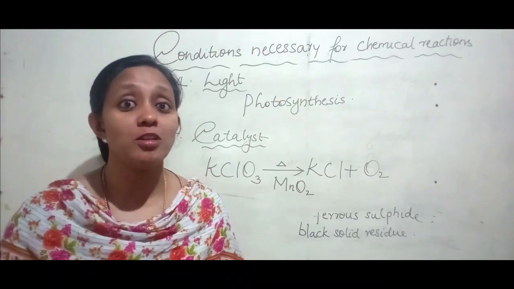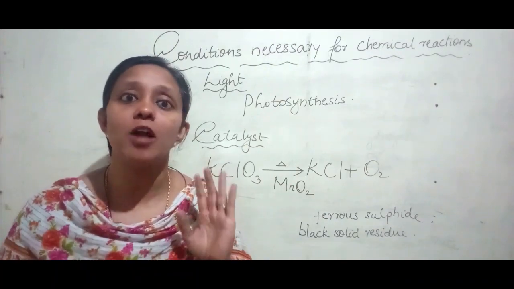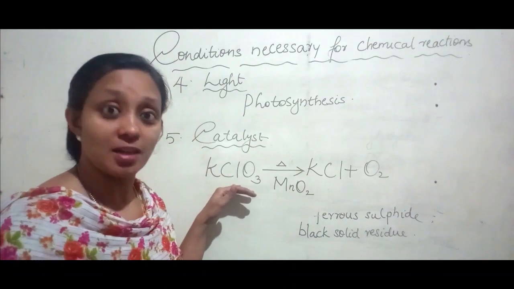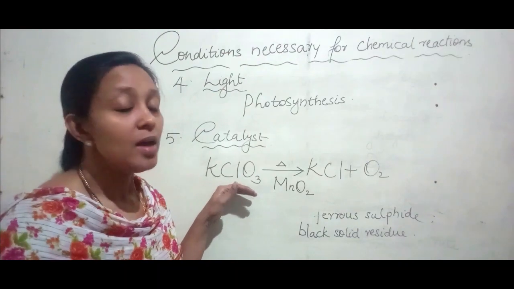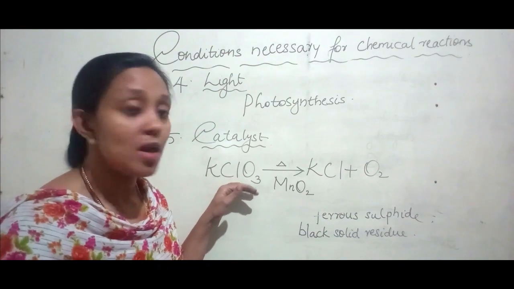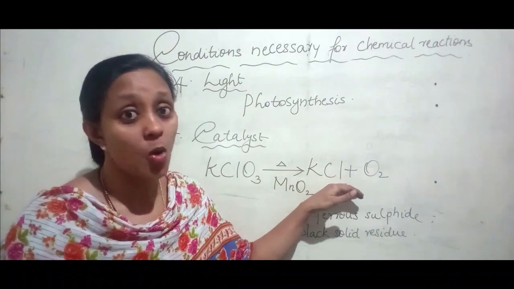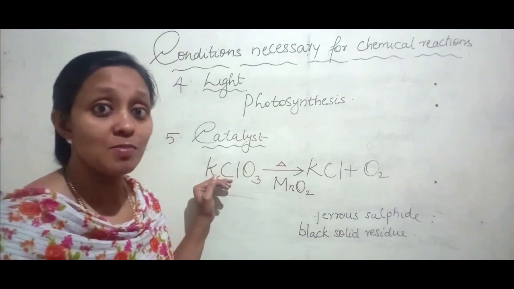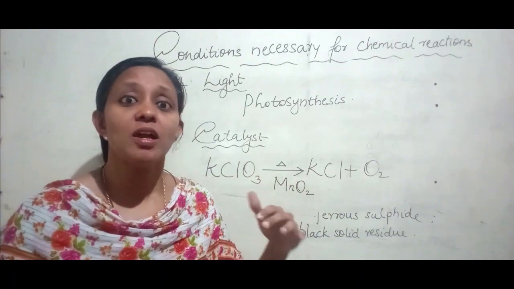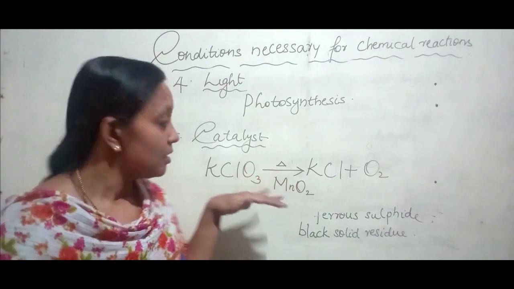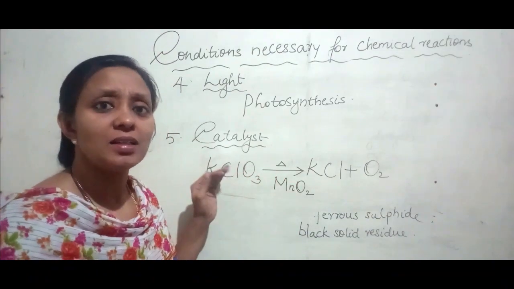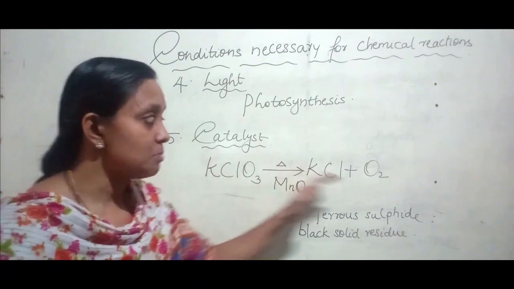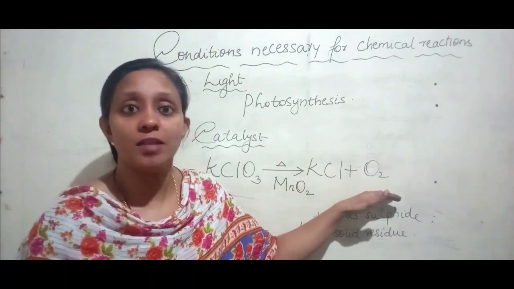And there is one more point to be added: without itself undergoing any change. Here potassium chlorate is the reactant used. Okay, and this is undergoing a chemical change, and as a result you get potassium chloride and oxygen gas, isn't it? That means potassium chlorate is undergoing some kind of rearrangement of its atoms, and simply the arrangement of atoms of different elements has taken place, and that's how you get products on the other side, isn't it?